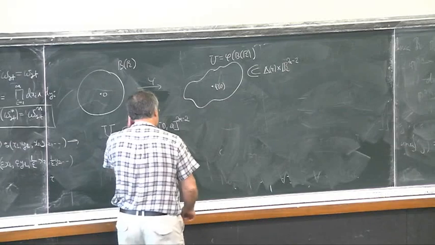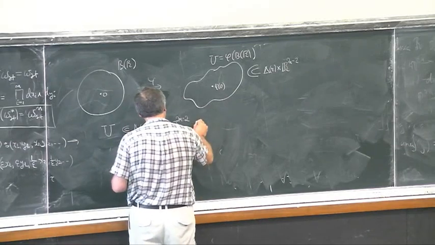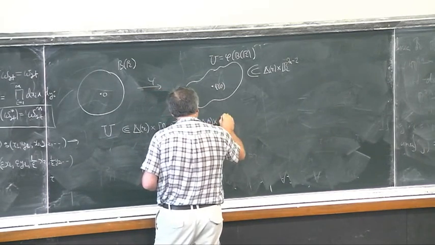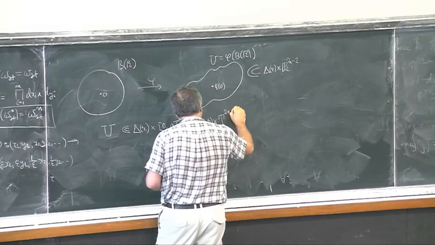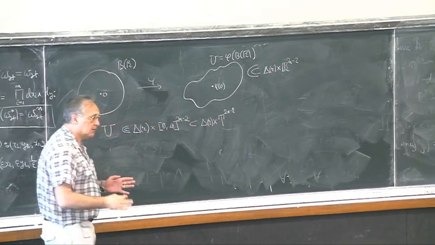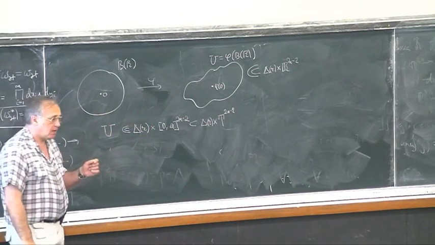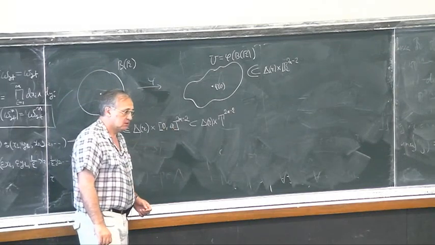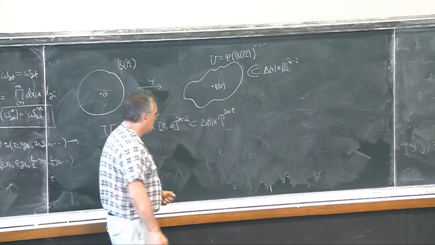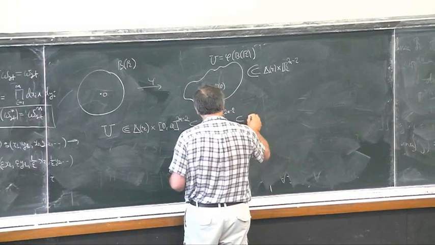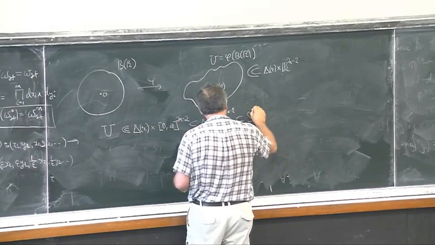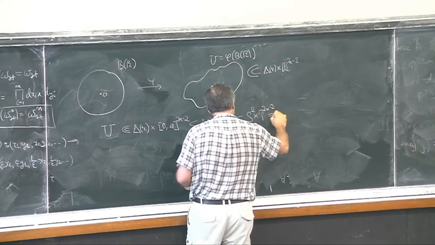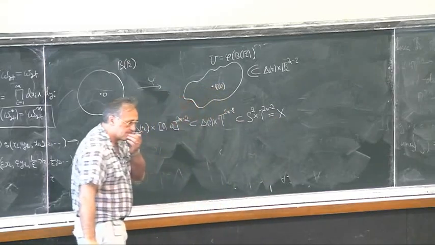And this thing is a subset in the product of the disk with a torus of dimension 2n minus 2. Yes, you can factor R^(2n-2) by the lattice. And then, in its turn, this is an open subset in the product of the sphere with a torus. And this will be our manifold X, a compact manifold X.